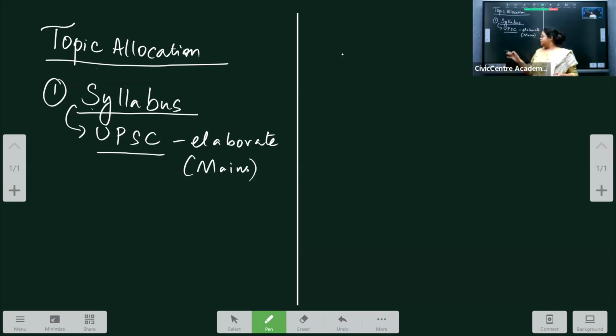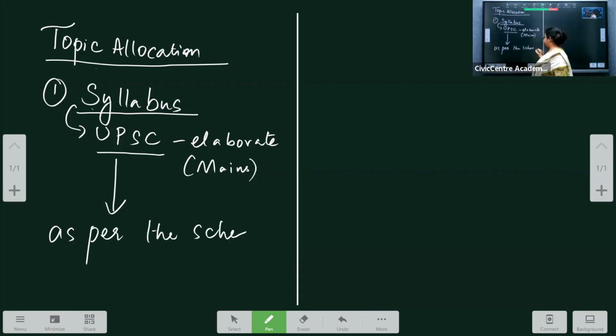So the syllabus you refer to is the elaborate syllabus for the exam, that is UPSC mains. Once you refer to this, then you will have to refer to the syllabus as per the schedule of our exam. So you will refer to the schedule that is given to you for the UPSC program for that particular day or for that particular test code.